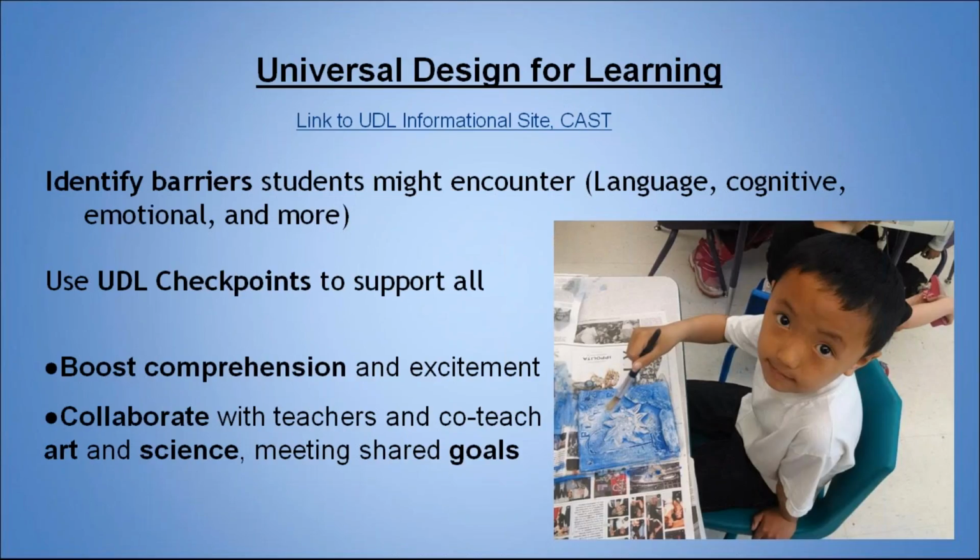So I also learned through Arts Connect how to collaborate more effectively with teachers and how to co-teach in arts integrated lessons. And I'll be telling you more about some projects today.